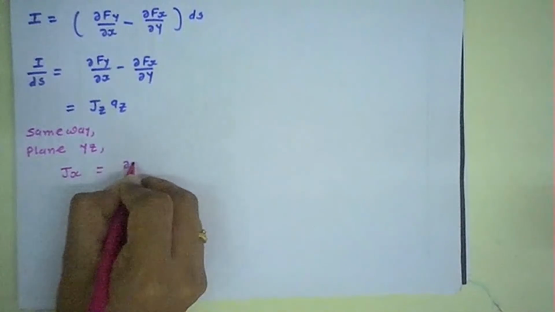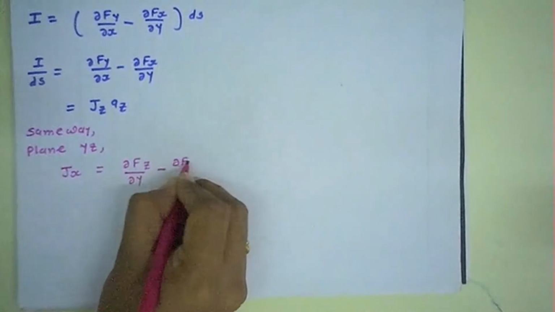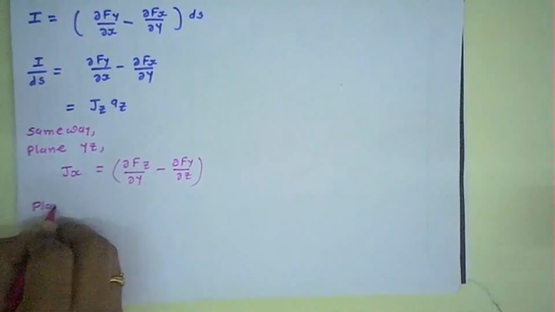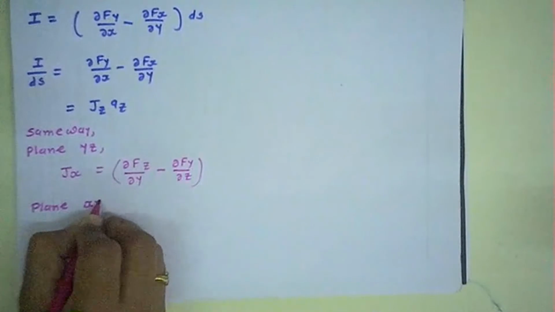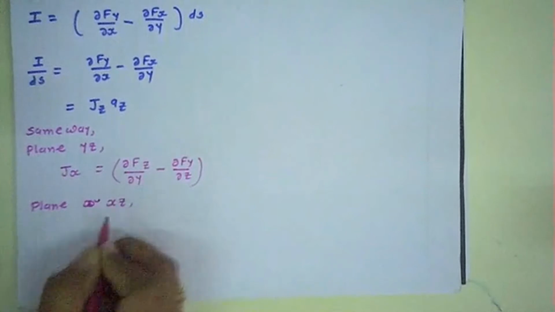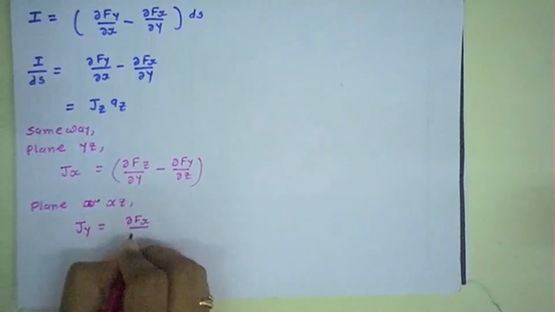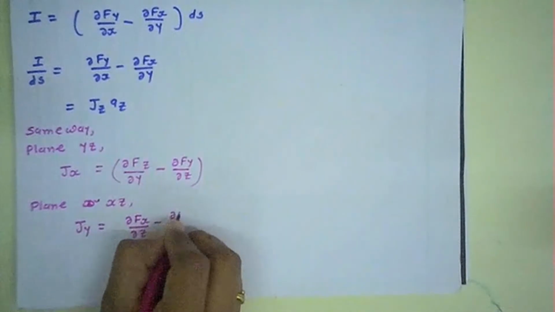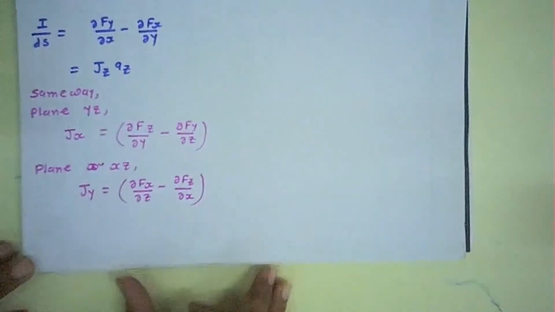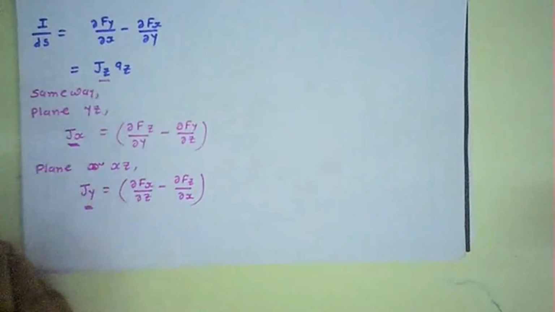If I consider the xz plane, I get the y component of the current density. So here xy, yz and xz planes. This is the Jx, this is the Jy, this is the Jz.